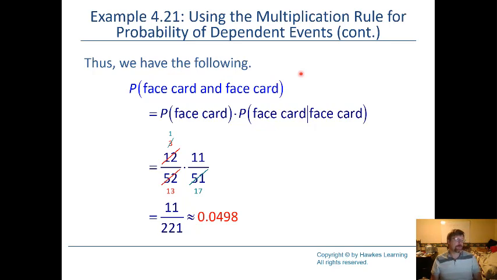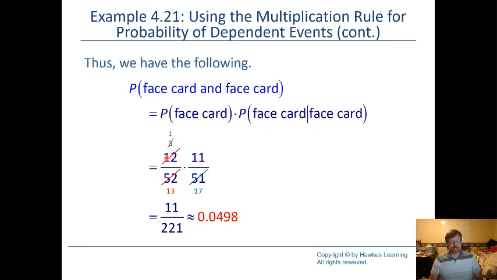51 is not a prime number. So you can see they first reduced this fraction to 3 over 13. Then they noted that 51 divided by 3 is 17, so they reduced that. This is a multiplication, so you can swap the order around pretty easily without messing anything up.